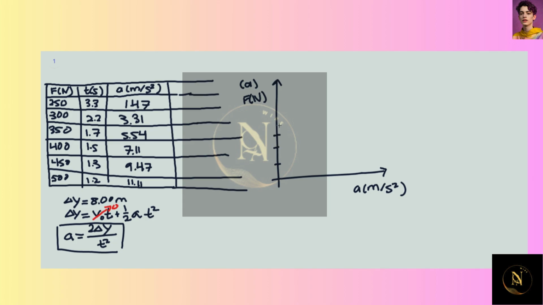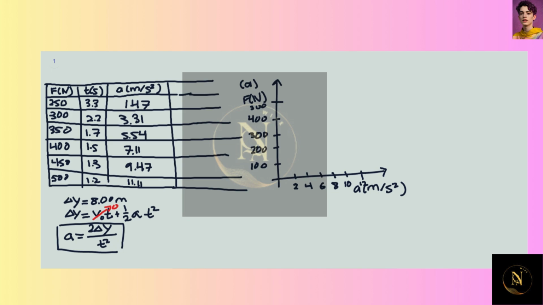Let's try to get 5 good tick marks on one axis and 6 good tick marks on the other. Looking at our data, measuring our acceleration in 2's is good because our maximum value is 11.11, and having each tick mark be 100 newtons is good for the force axis, up to approximately 500.